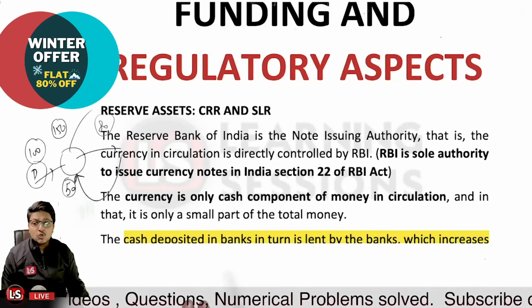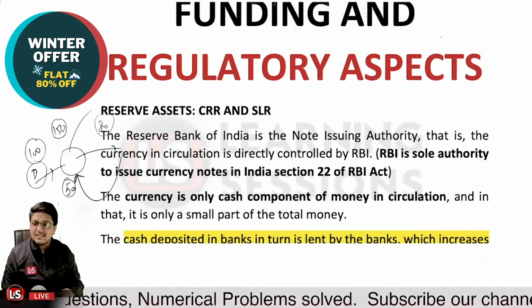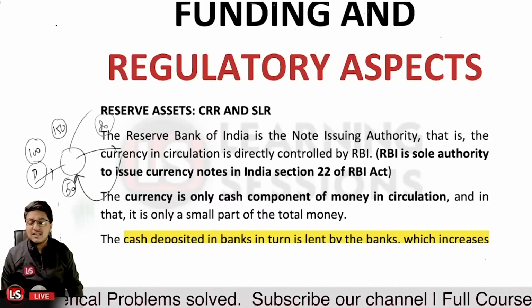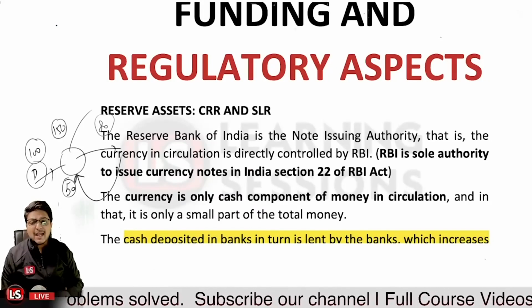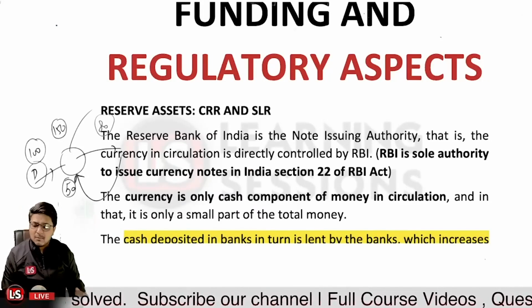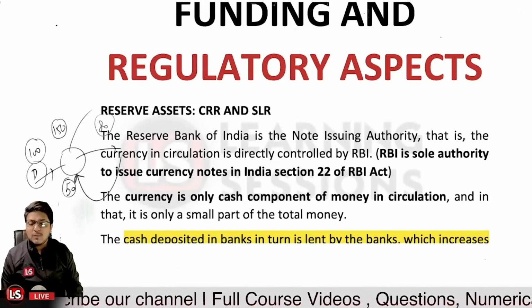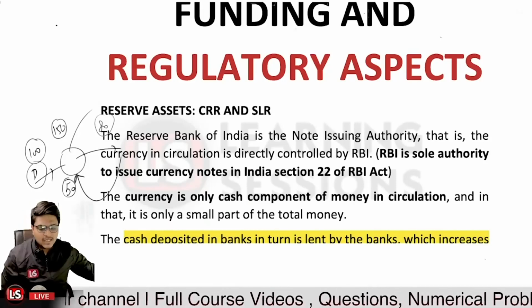So the Reserve Bank of India uses CRR, SLR and other monetary policy tools to absorb liquidity from the market, and whenever it is required to expand the market, the Reserve Bank of India uses these tools to provide liquidity in the market too.